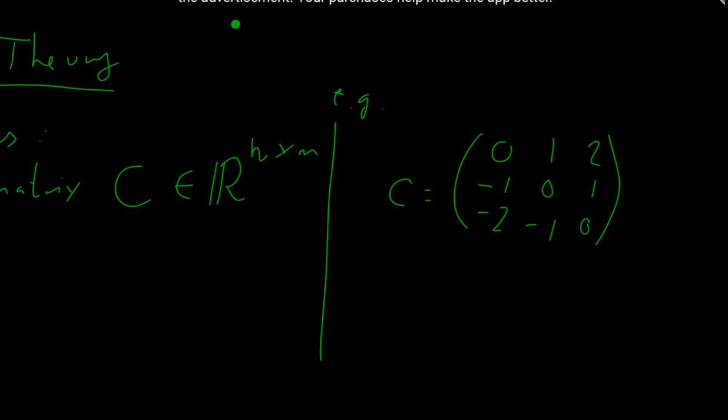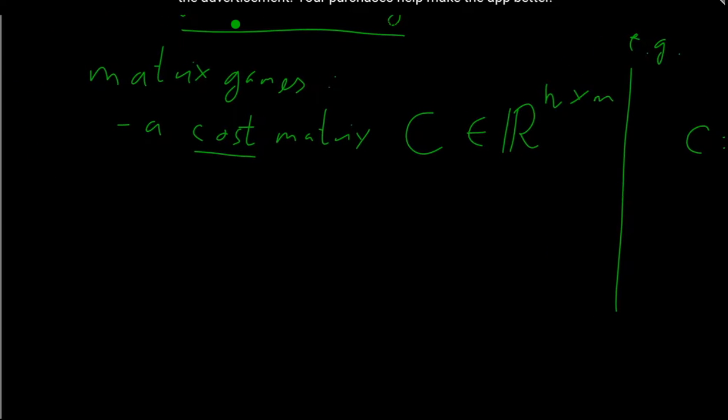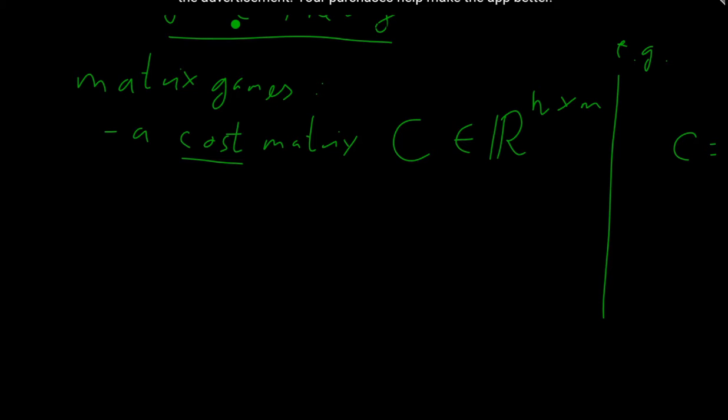Now in game theory there are many possible ways to define games, but in our setting, which will be interesting for studying the online algorithms, there will be two players. One of the players, say A, chooses a row.